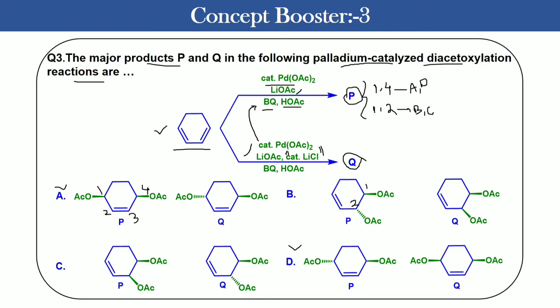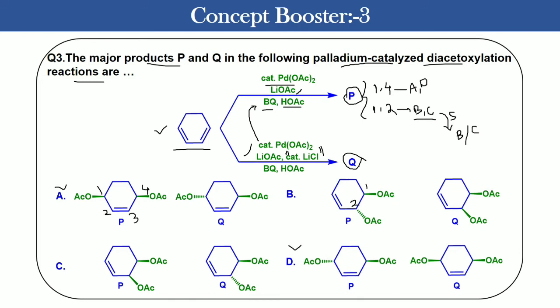So if regioselectivity is explained properly, then one of these categories will be correct. Suppose the 1,2 diacetoxylation product is found as the major regioisomer, and we apply stereoselectivity in the reaction, then out of the two options, B and C, one will be the correct answer.